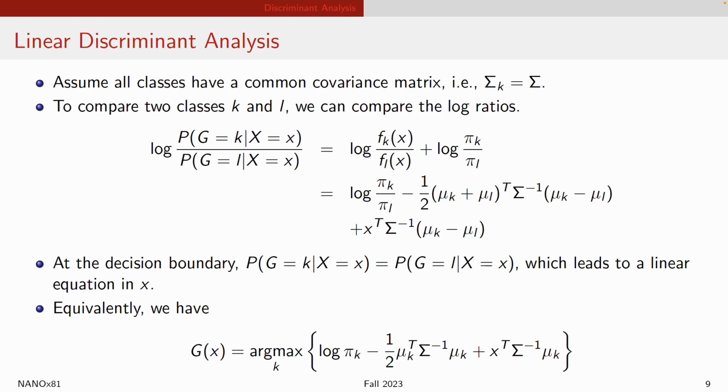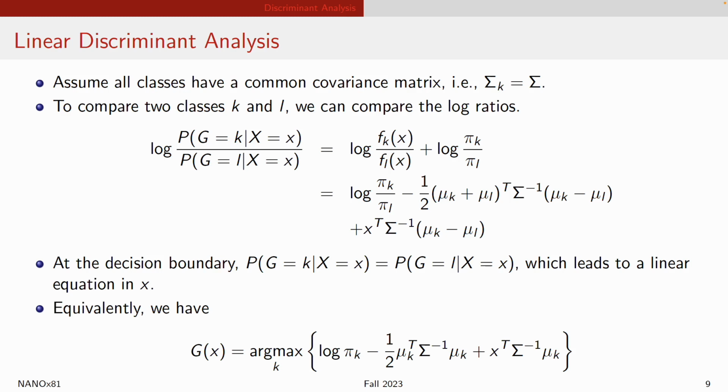the observation being in class K given the feature vector x, divided by the posterior probability of being in class L given the observation x, and we take the log between them, okay?